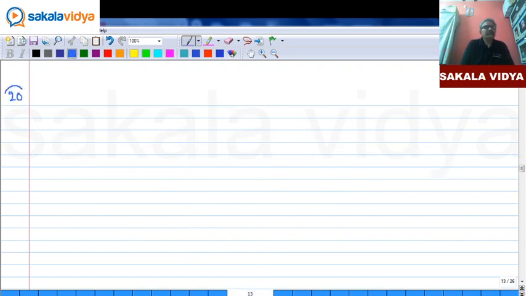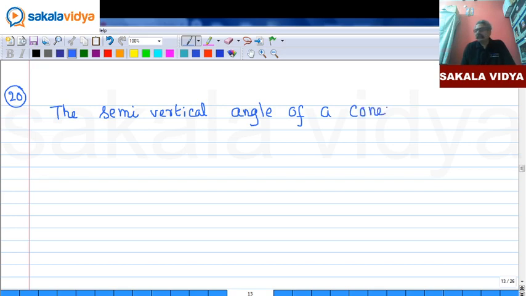Twentieth question. The semi vertical angle of a cone is 45 degrees.